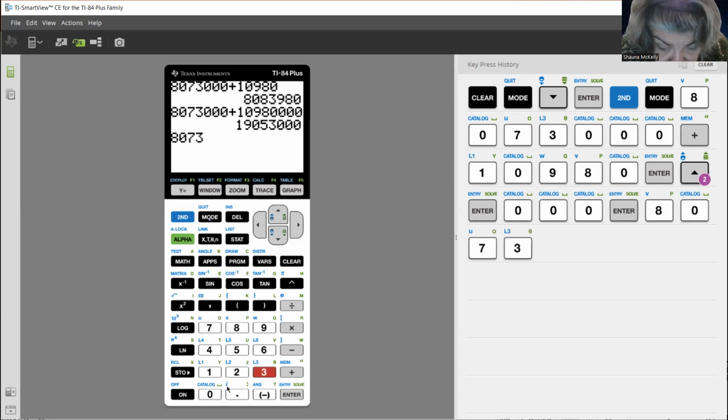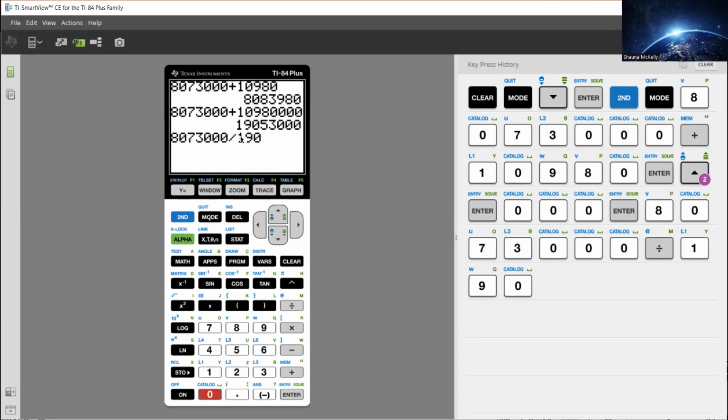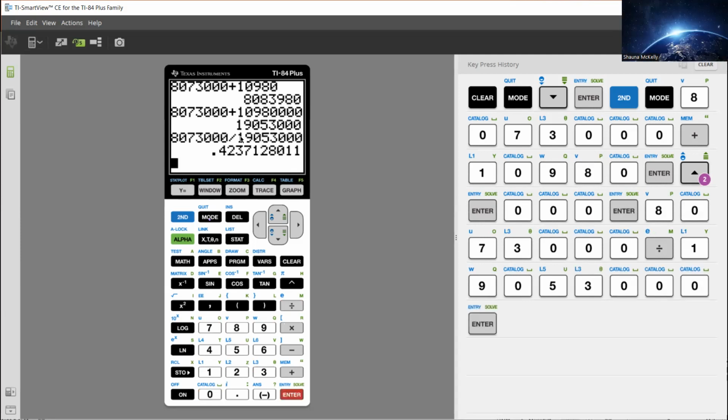So what I'm going to do here is take my 8,073,000 and divide it by 19,053,000. That comes out to about 0.424. This is 0.4237. I'm going to use 0.424. I'm going to do the same thing for the female.